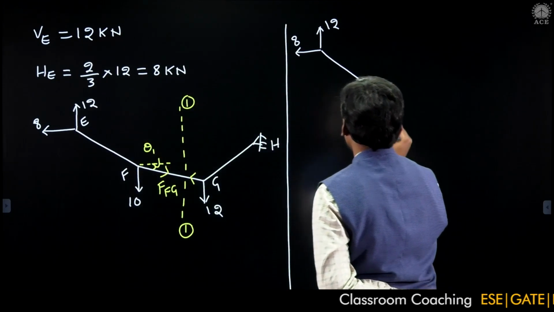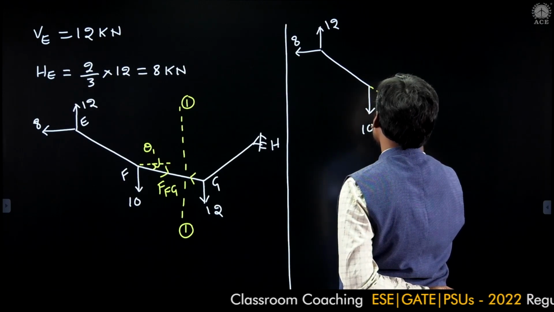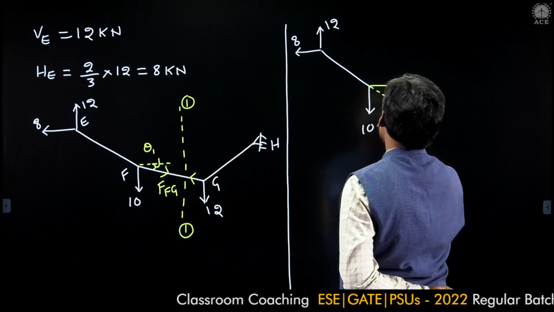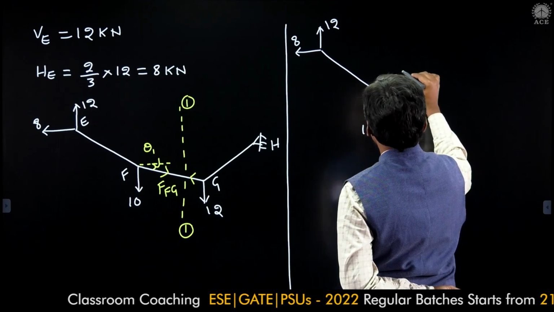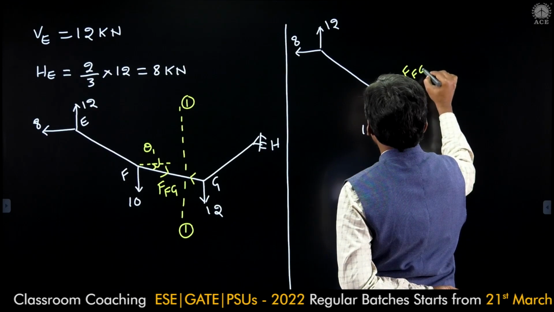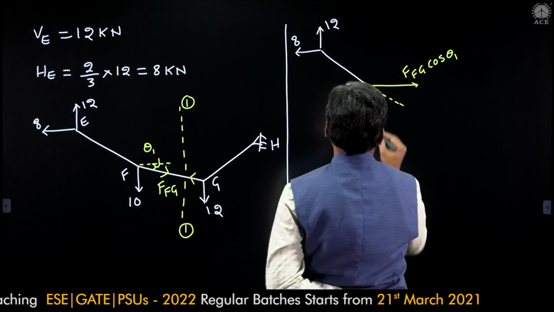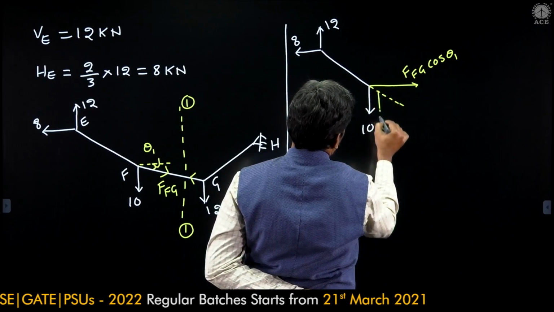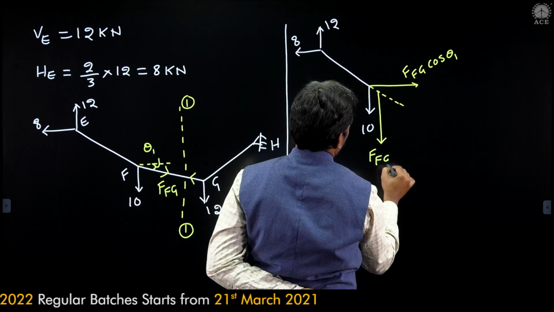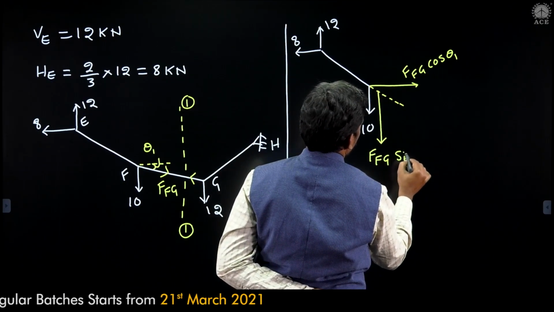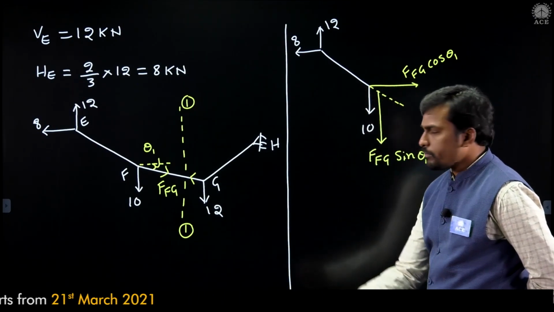After resolving, the horizontal component is force in member FG cos theta 1. Then the vertical component is force in member FG sin theta 1. Okay, right.